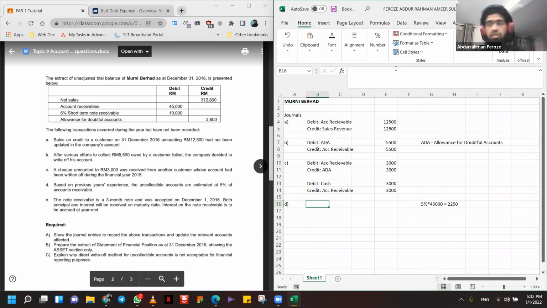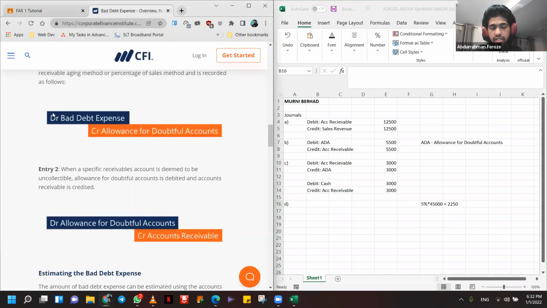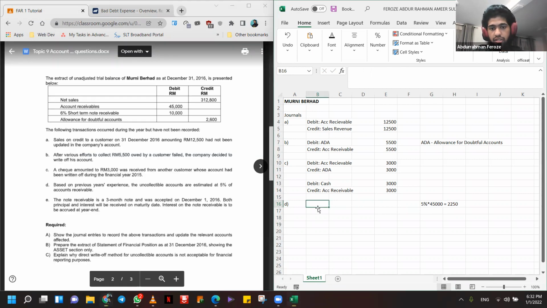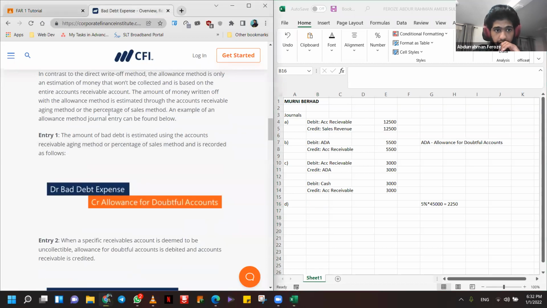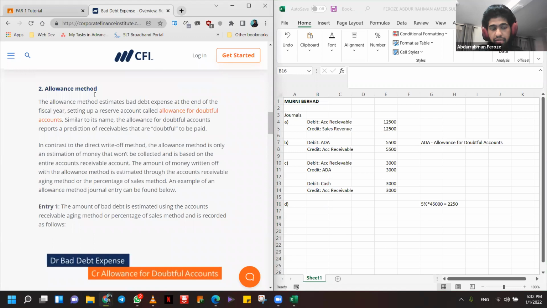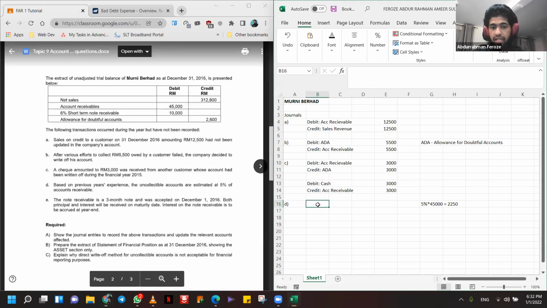So when the company is estimating that this amount of money from the accounts receivable will potentially not be paid, the general entry required, like it was shown here, is debit bad debt expense and credit allowance for doubtful accounts.